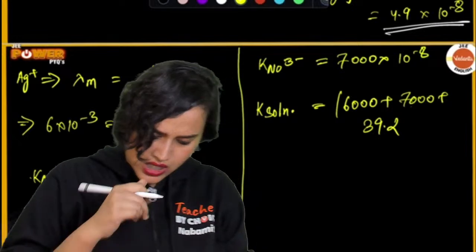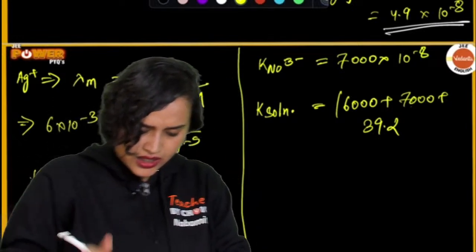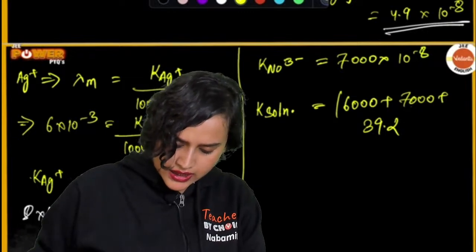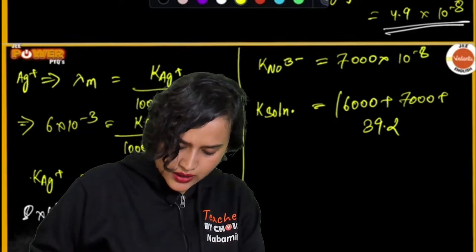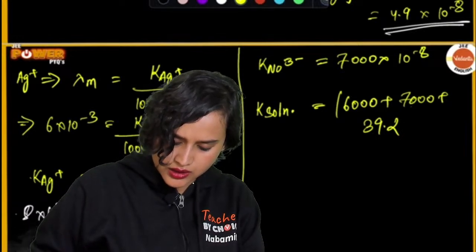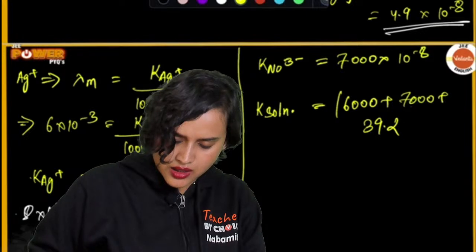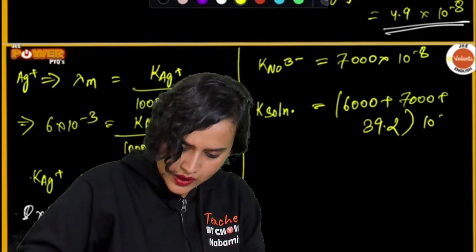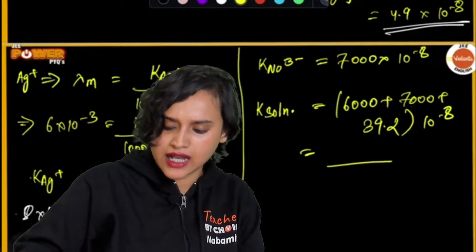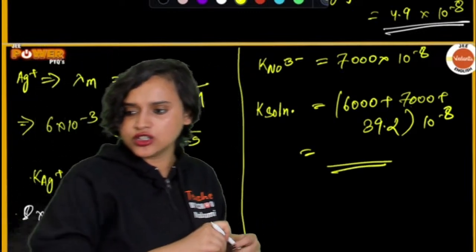Here have I made any mistake? This is minus 8. So this is minus 3. This is 1000. 8000 into 4.9 is this. Minus 8. This is common. Now what is the final answer that you are getting, everybody? Have a look and tell me.